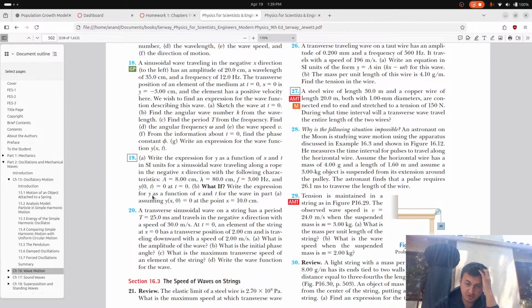All right, so the second part of this problem is write the expression for y. Oh wait, but this needs to be a plus here because it's traveling in the negative x direction.